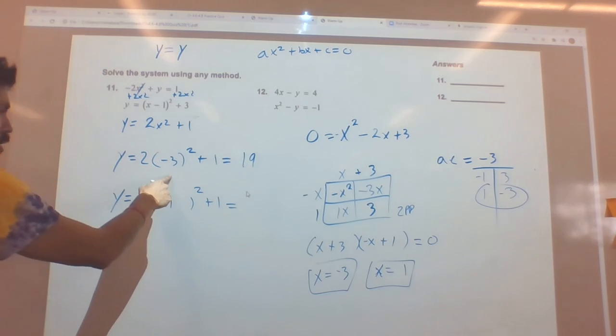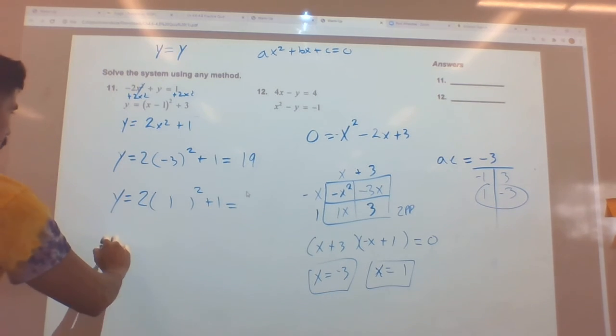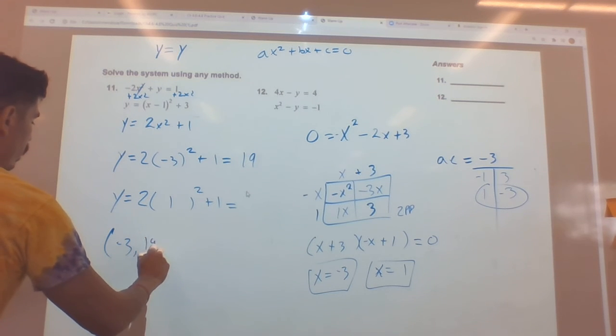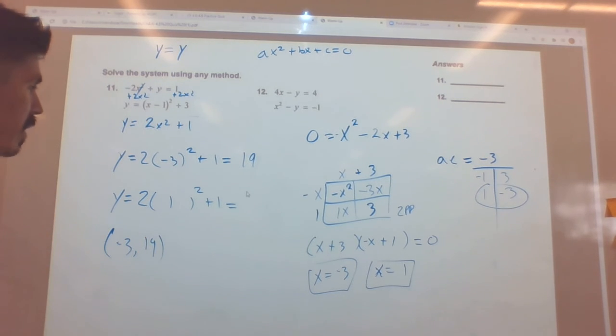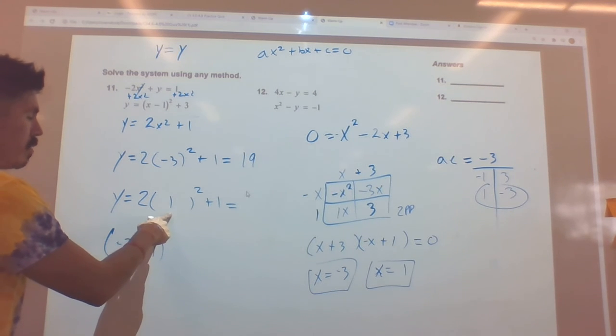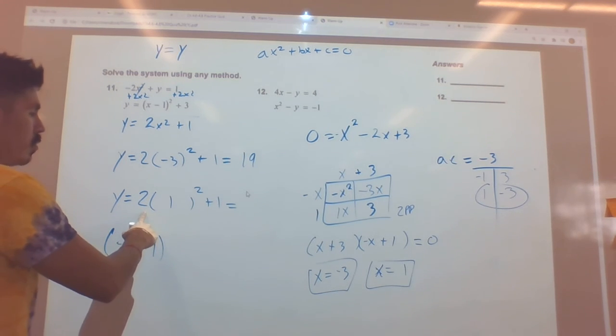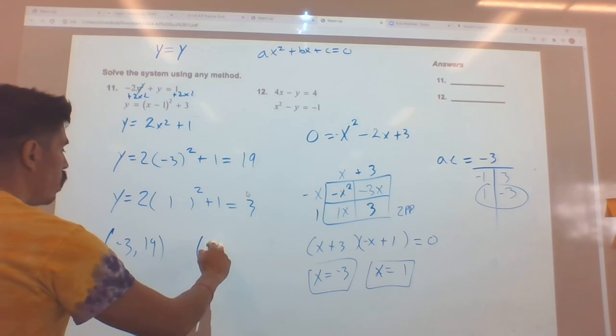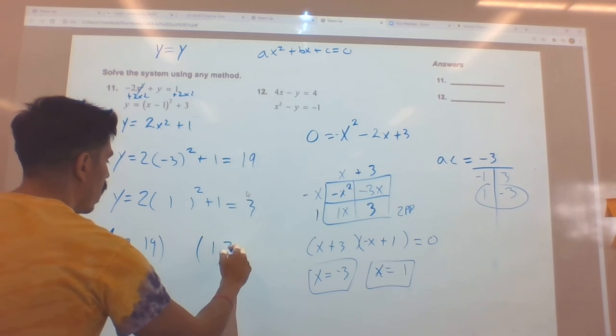Okay, so my first point is going to be negative 3 and 19. My second point: 1 squared is going to be 1, 1 times 2 is going to be 2, 2 plus 1 is going to be 3. So my second point is going to be 1 and 3.